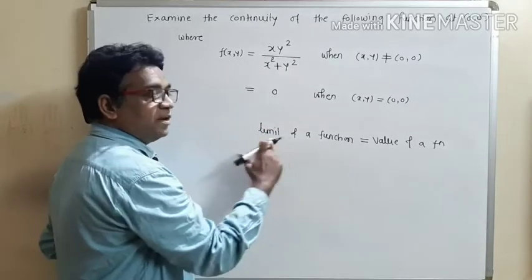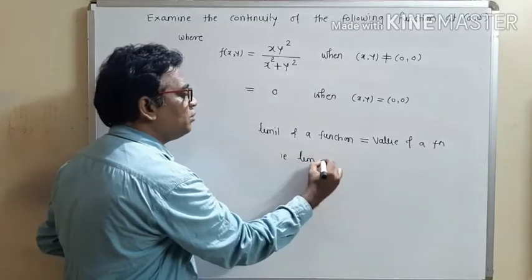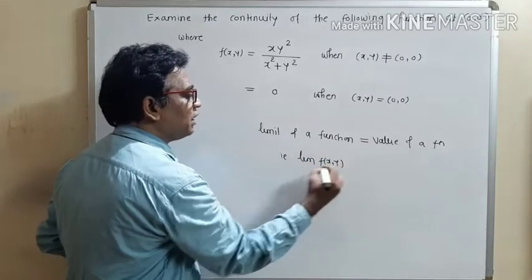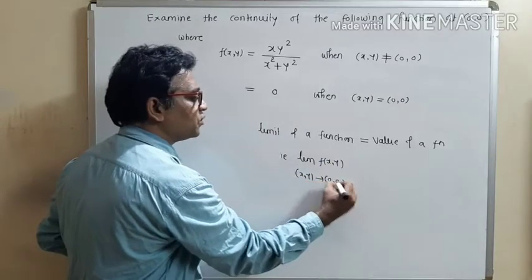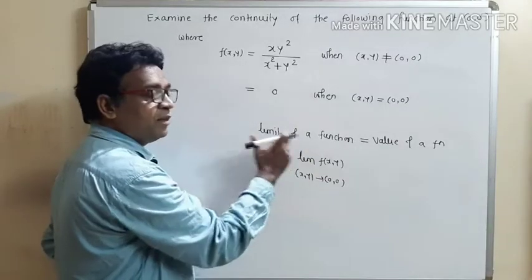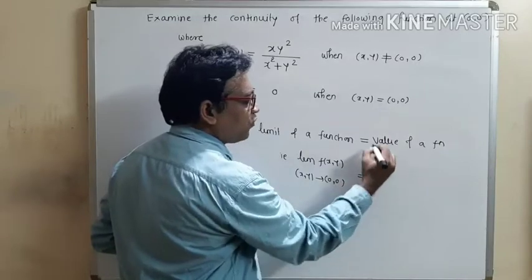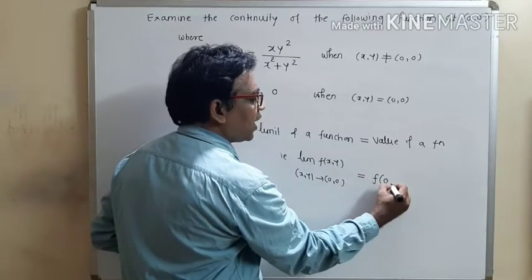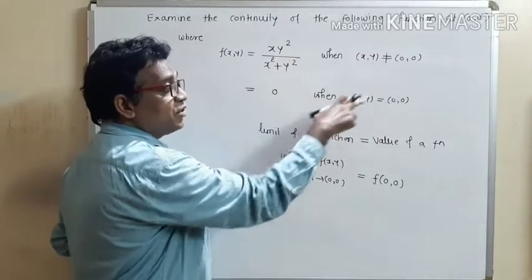Now how to write the limit of function? Limit of function means limit of the given function f(x,y) as (x,y) approaches (0, 0). This is the symbolic notation for limit of function. And the value of function means the value at the given point (0, 0). We have to check the continuity at (0, 0).